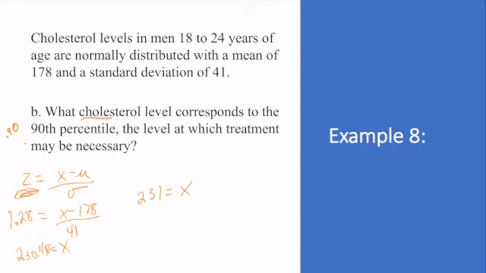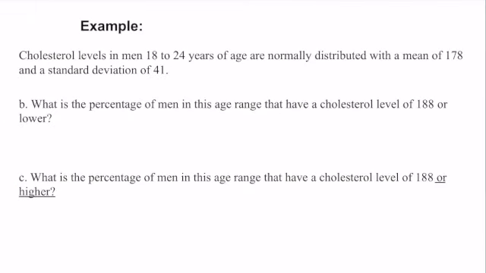So let's answer two questions here. Cholesterol levels in men, again, same distribution. And I want to know what's the percentage of men in this age range that has a cholesterol level of 188 or lower. So the first thing I do is I calculate my z-score. 188 minus 178 over 41. That equals 0.244. So 0.24. I take that to my z-table.